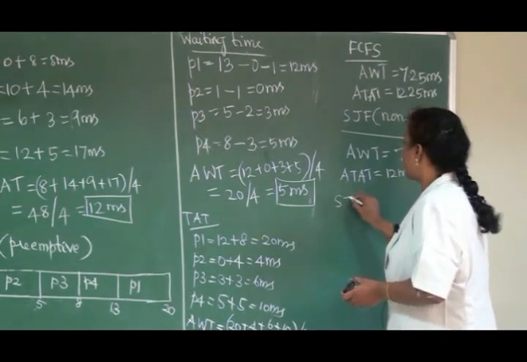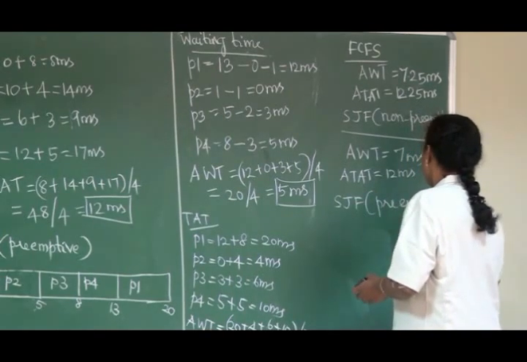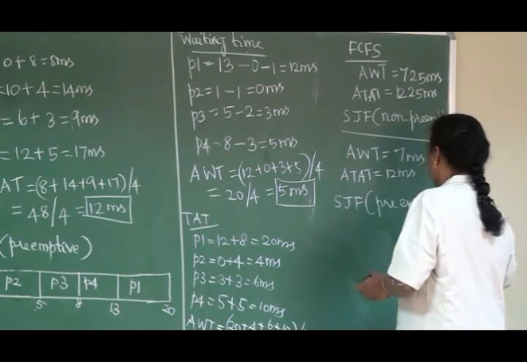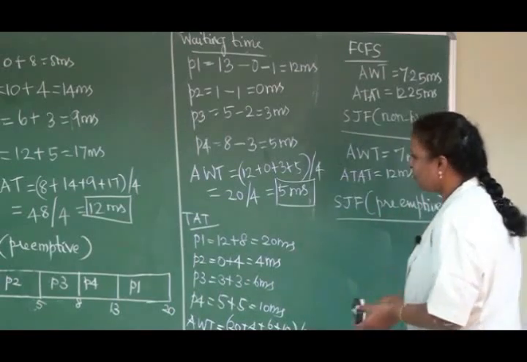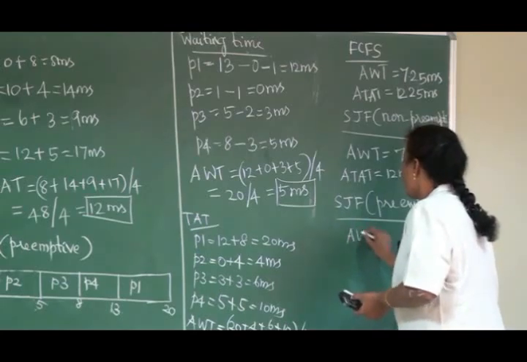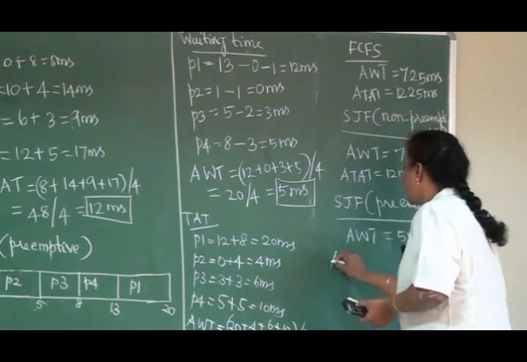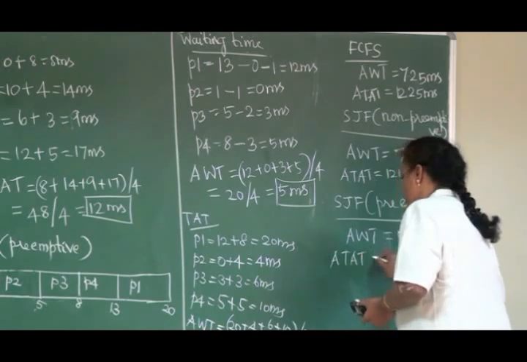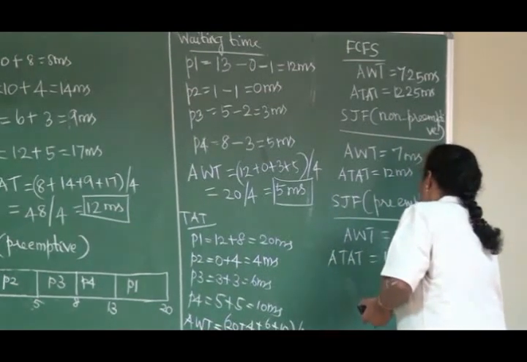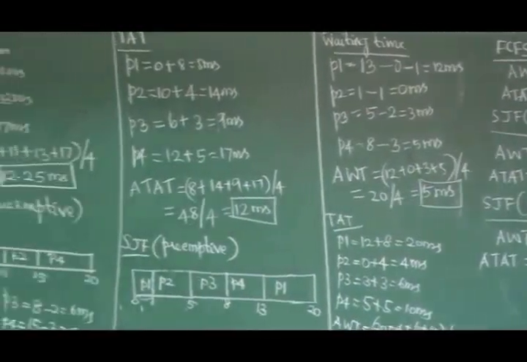And similarly for SJF preemptive, its average waiting time is 5 milliseconds and average turnaround time is 10 milliseconds. Now we will go for priority scheduling.